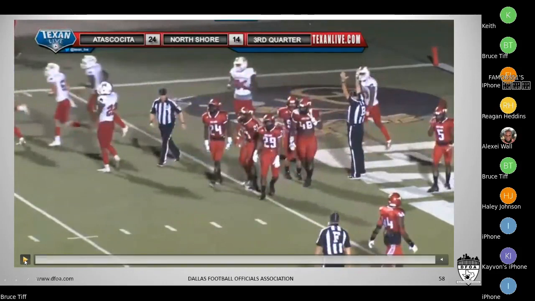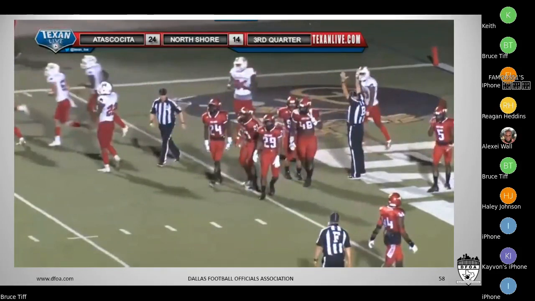Well, in this situation, the reason it's important to know whether this ball was touched or not, and the person that's going to know that most likely, because the person back there with the player that's receiving the kick, is going to be the back judge. And that's the back judge that's going to have to make a really big call here. So in games, if you're working that back judge position, especially if you don't have an F or an S, and it looks like here they do have side officials that are deep, which is called field judge and side judge, you're going to have that back judge out there on an island if you're in a 5-man crew.